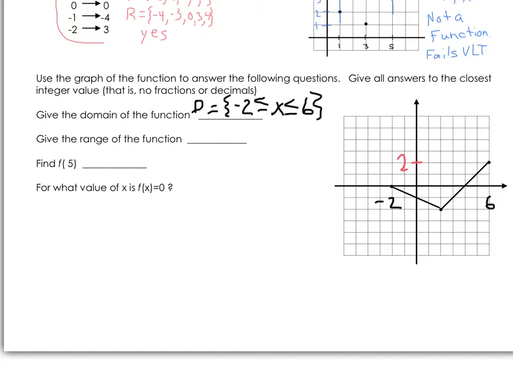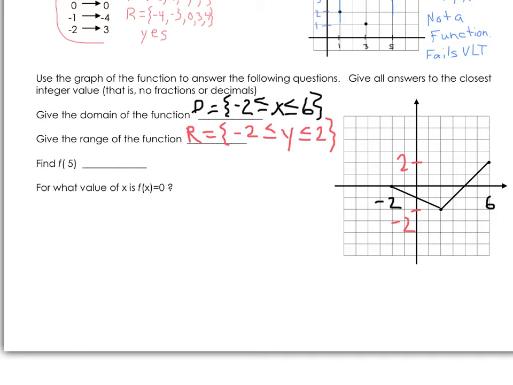It goes up to 2, it goes down to -2. So our range will be all y values between 2 and -2.